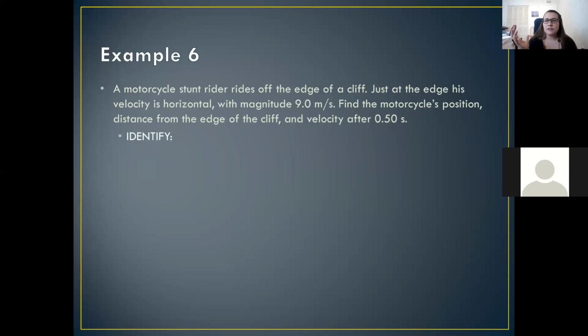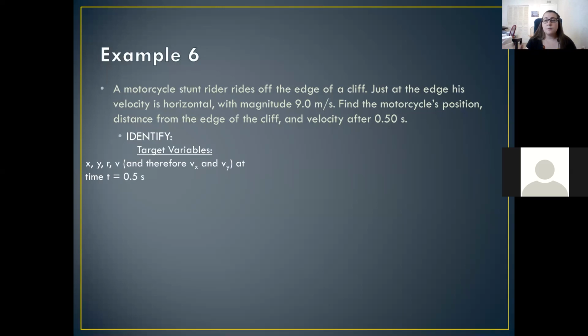So for these first couple, I'm going to go through the same problem-solving technique that we laid out in chapter 1. That IDEA thing. So I is identify, S is set up, E is execute, E is evaluate. Okay, so we're going to identify the target variables, what it is that we're looking for from this problem.